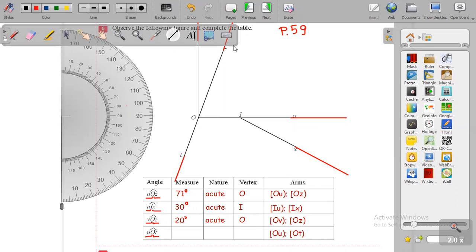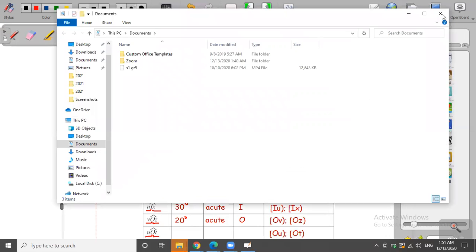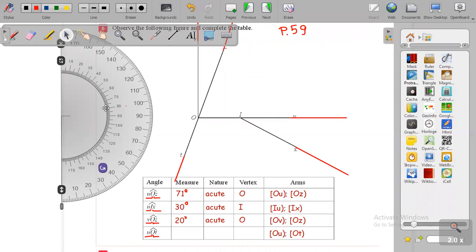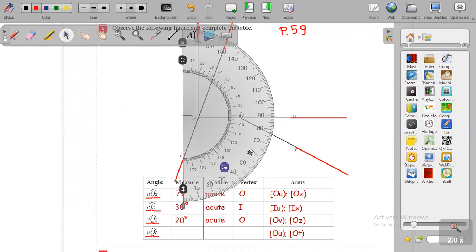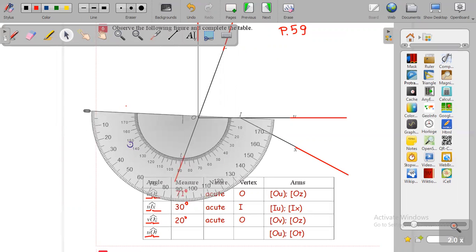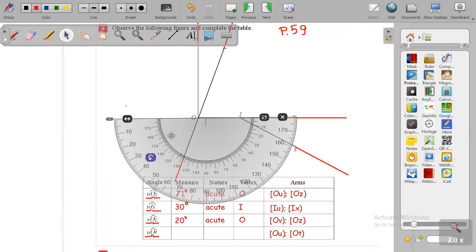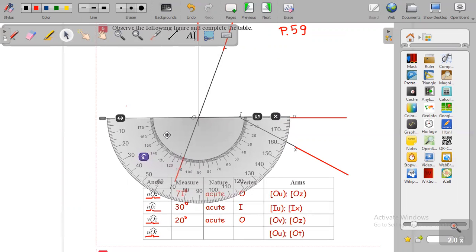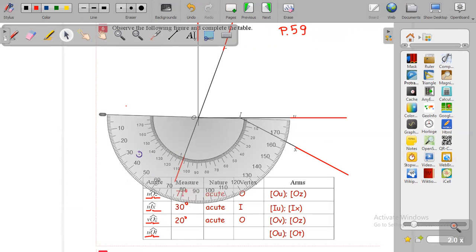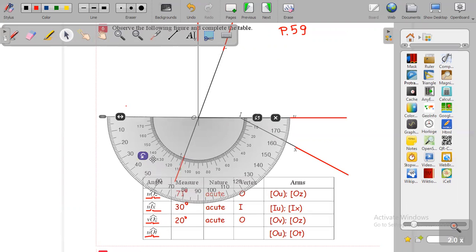Now we take the protractor, we put it on one arm of this angle. We can put it on OU or on OT. Let's put it on OU, for example. And we put the dash in the middle on the vertex O. Now, pay attention.